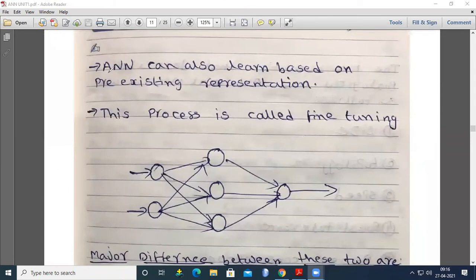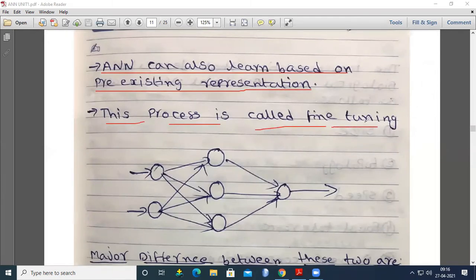ANN can also learn based on pre-existing presentations. This process is called fine tuning.